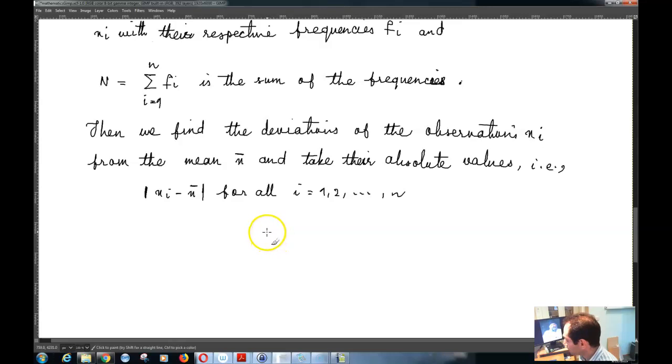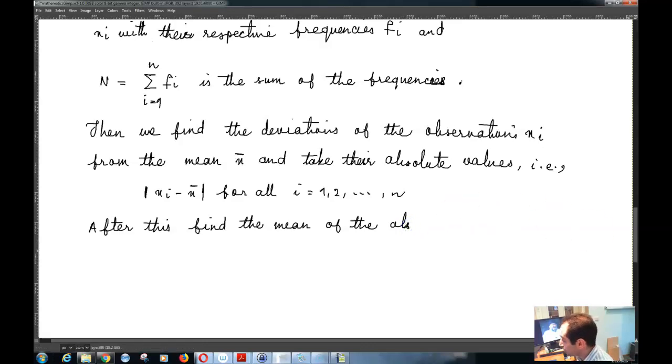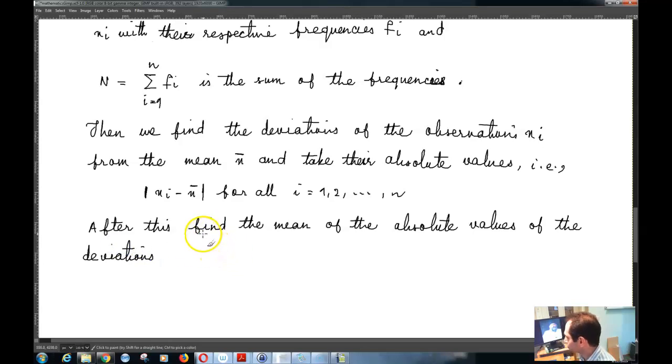So after this, find the mean of the absolute values of the deviations, which is the required mean deviation about the mean.